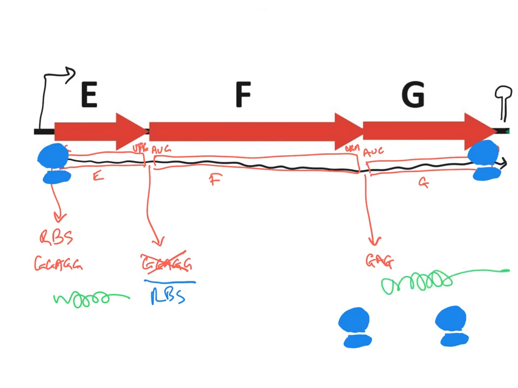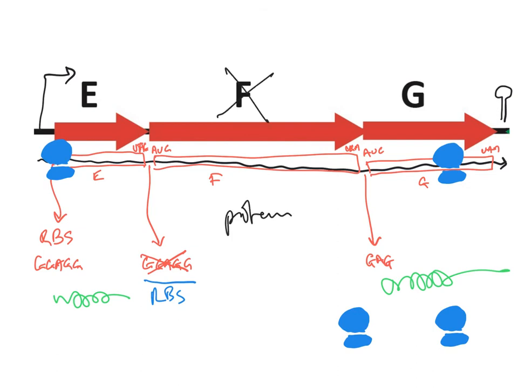And they'll come from these ribosomes that combine, ribosome binding site, move through and translate these two. So the mutation to the ribosome binding site in front of gene F means that we actually get no protein F made. Even though it'll be transcribed, it won't be translated.